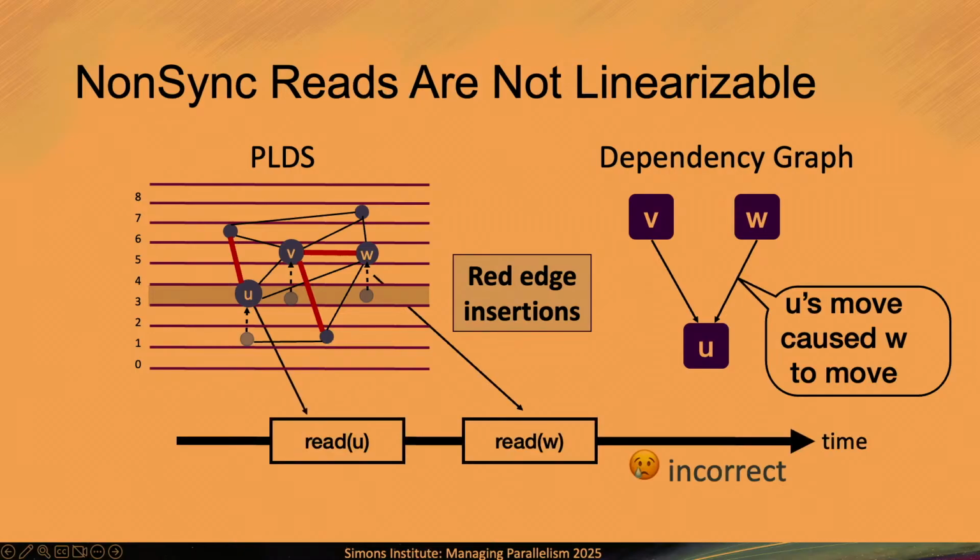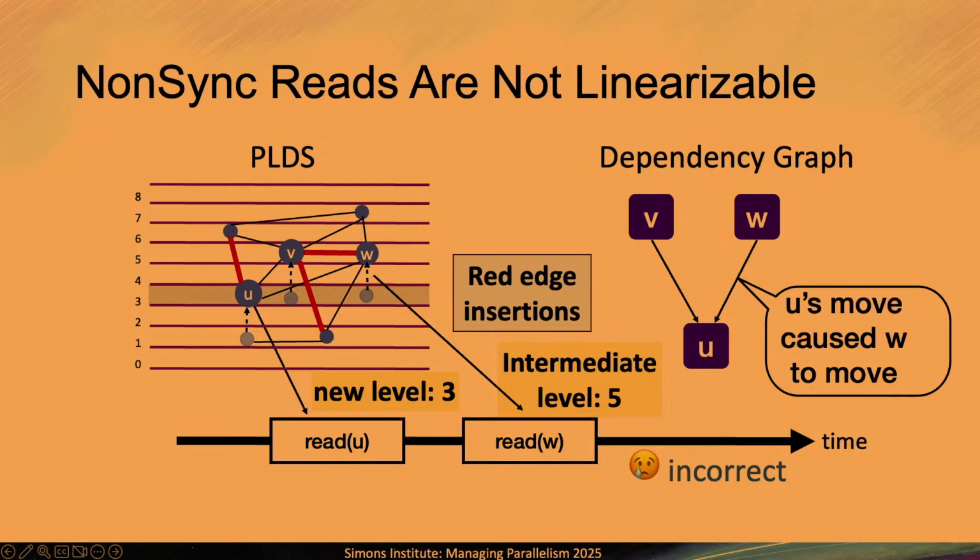So now, exactly as we discussed in the previous question, we have 2 reads now. 2 asynchronous reads that occur at almost the same time. So you have a read of U, and you have a read of W. Now the problem here is you want these to be consistent, and this is incorrect. If you read one of these nodes, say U, to be at level 3, while the other node is at level 5, which is an intermediate level.